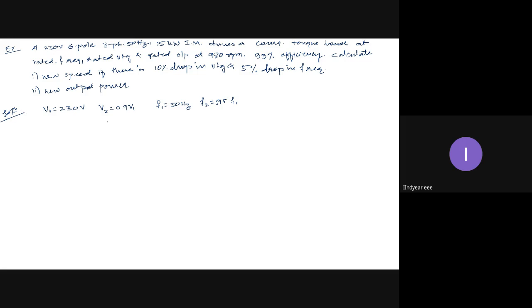So V2 is equal to 0.9 into 230. This is 207 volts, because 10% of 230 is 23, and 230 minus 23 is 207 volts.